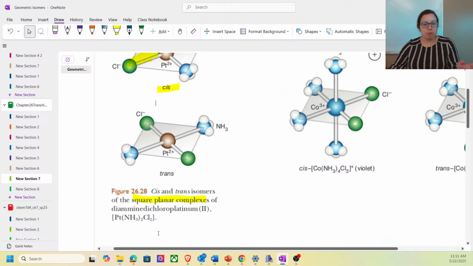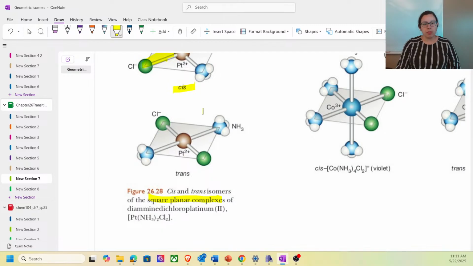You could purchase these compounds; these are probably commercially available, this diamminedichloroplatinum. That would be the distinction: you have cis diamminedichloroplatinum(II), or you could buy the trans version where the two substituents are across from one another.